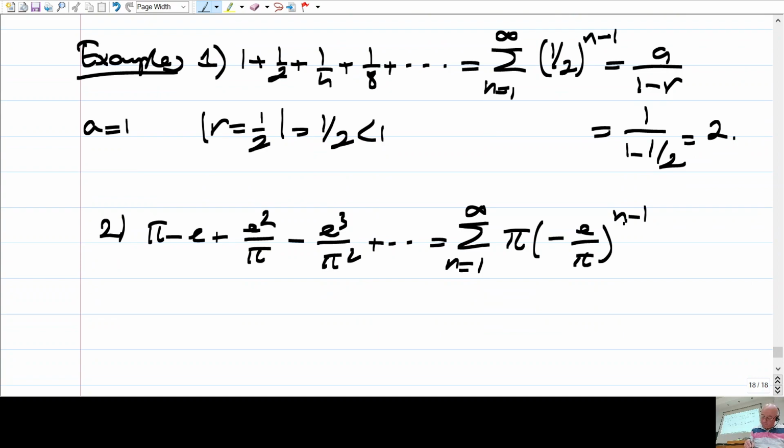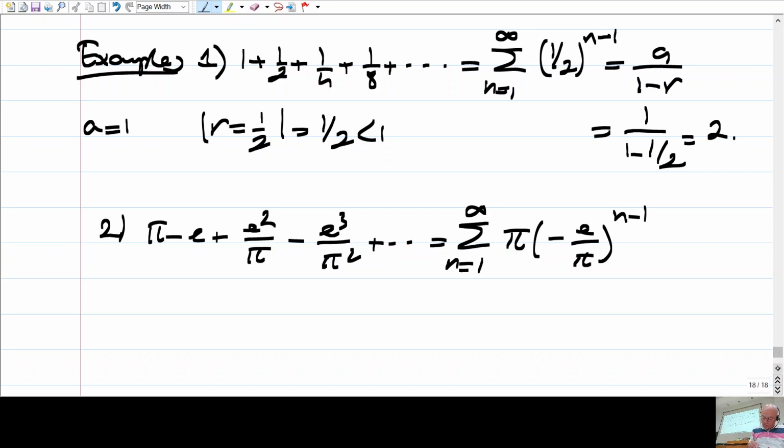You see, when n equals 1, you have zeroth power, which is just 1, so I have pi. When n equals 2, I have e over pi with a minus sign, so it is just minus e. When n equals 3, I have minus e over pi squared, so it is e squared over pi, and so on.